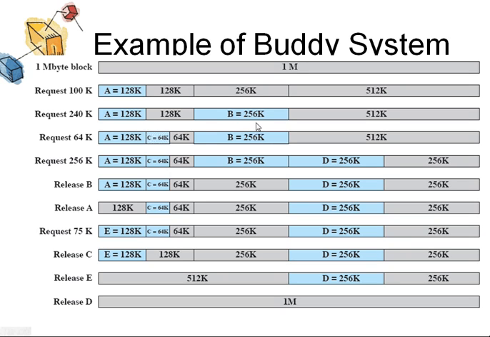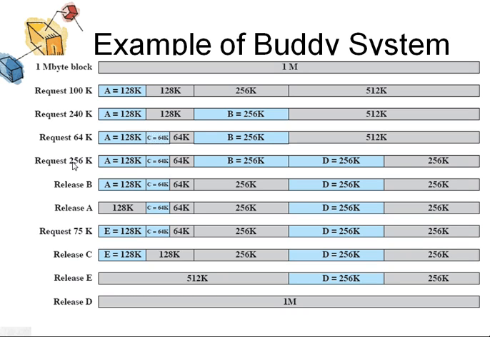So this will be assigned to process B. Then there comes a request for 64K for process C. Now here we have 128K, which if we split, we get two equal parts of size 64K. So we will do this, and here we have done the allocation for 64K.